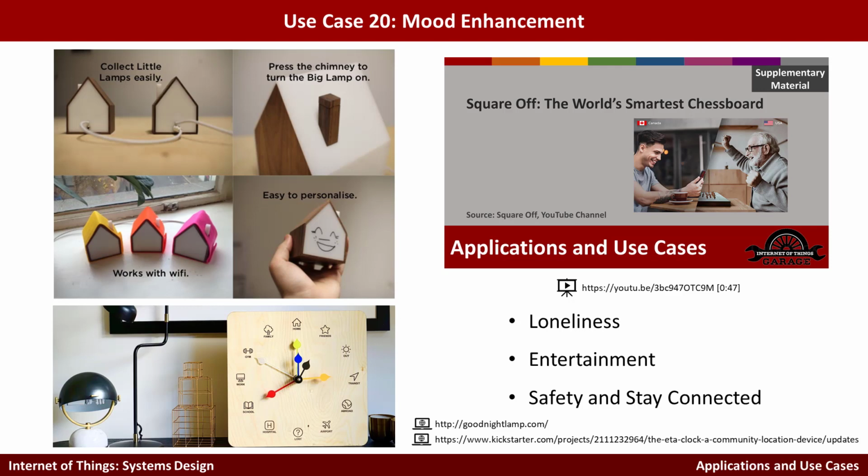The third use case is about a smart chessboard. I would like you to stop the video and go and watch it. Basically, it is similar to the chess game on a computer, but here there are 2 people in 2 different places, connected over the internet, and you can physically move the chess pieces, and the smart chessboard mechanically replicates your moves to the other person.